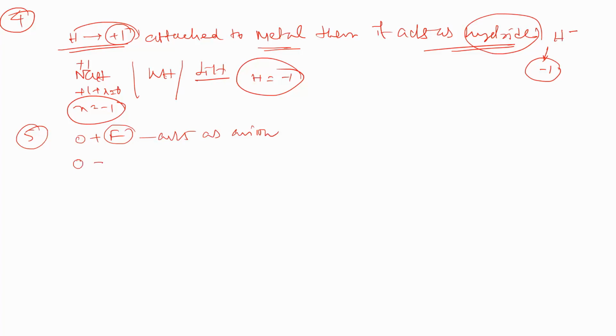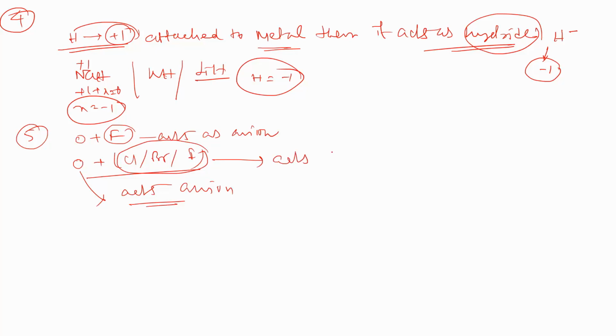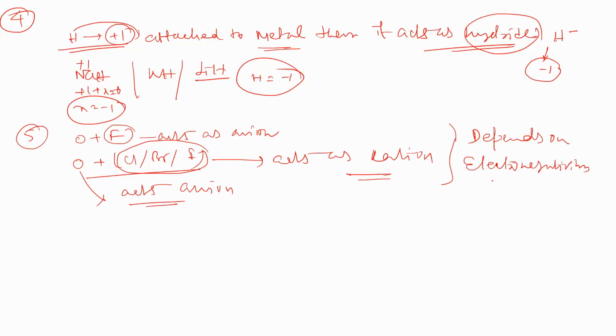But when oxygen attaches to chlorine, bromine, or iodine, then oxygen acts as the anion, so the halogen element acts as a cation. So it depends on electronegativity.